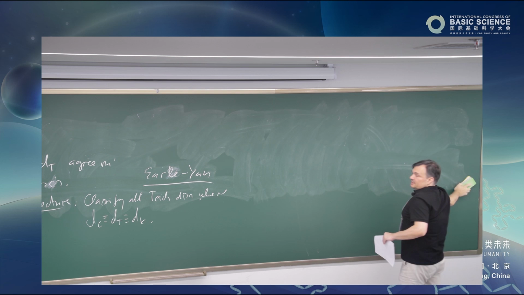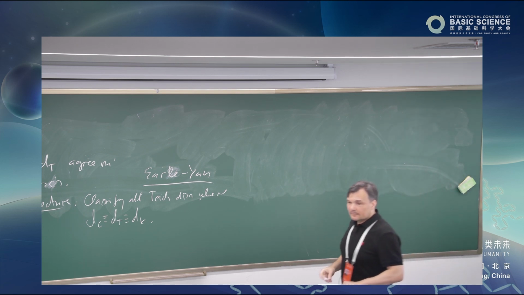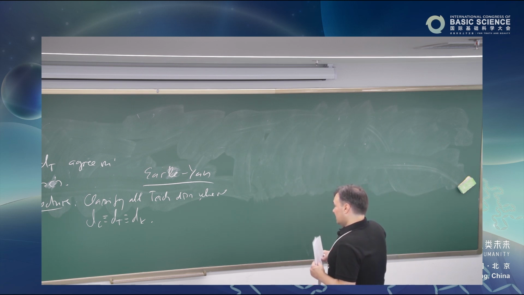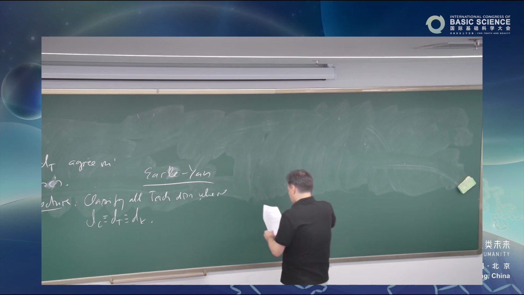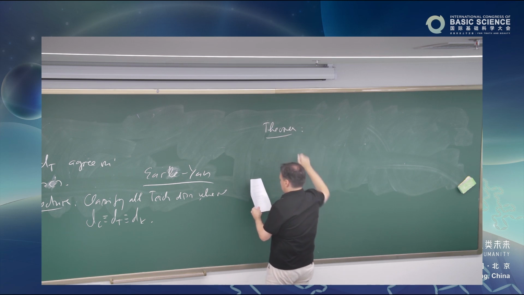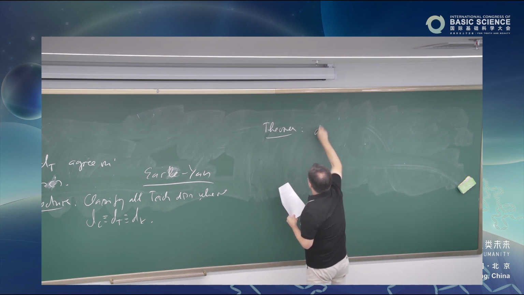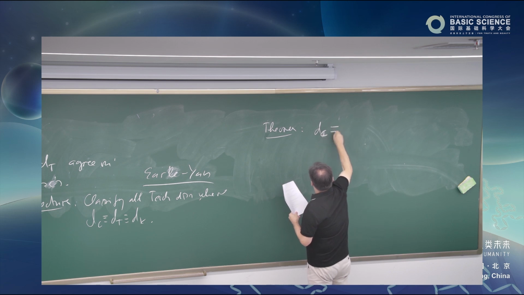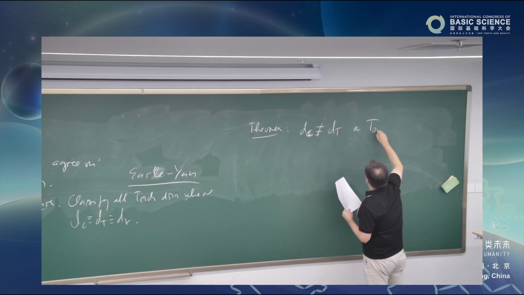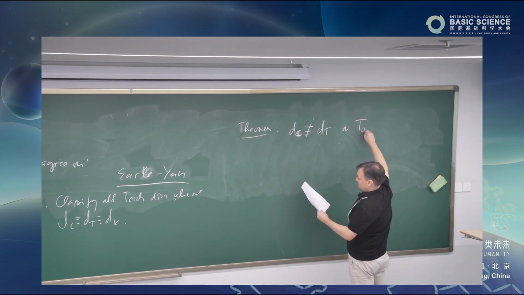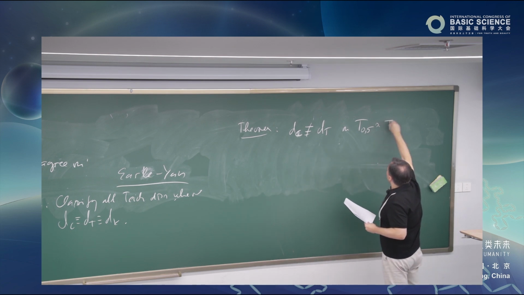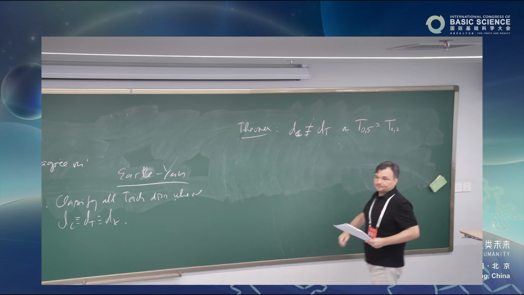So I was, of course, interested in this question since I was a graduate student in the 90s. And I thought about it for about 20 years. And then I could prove that these metrics are not equal on the Teichmuller space of a five-punctured sphere, which is really the same as the torus with two punctures.